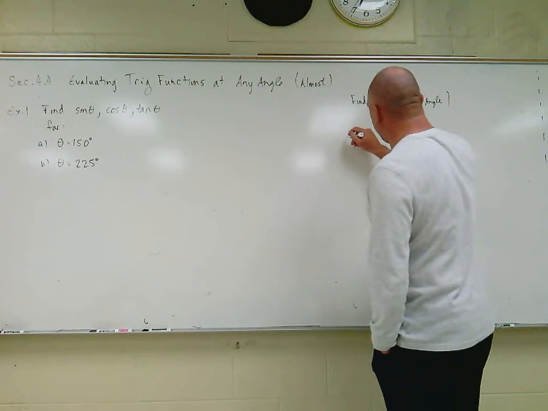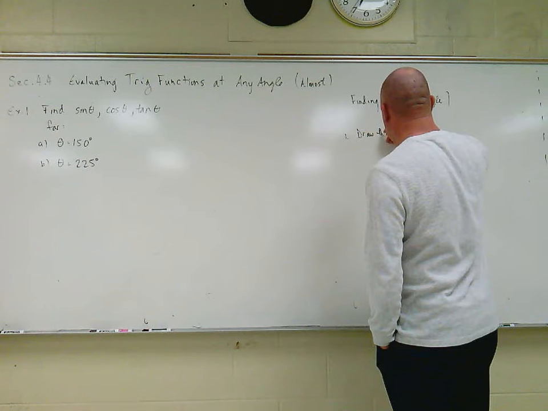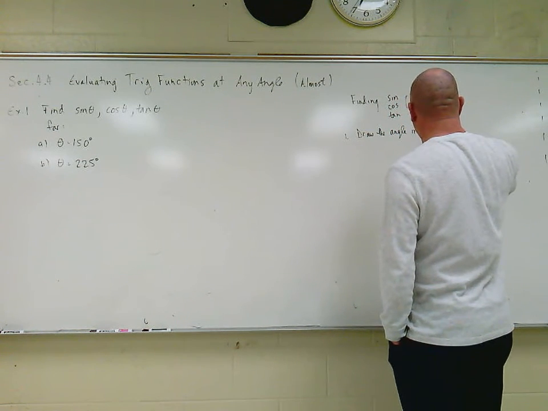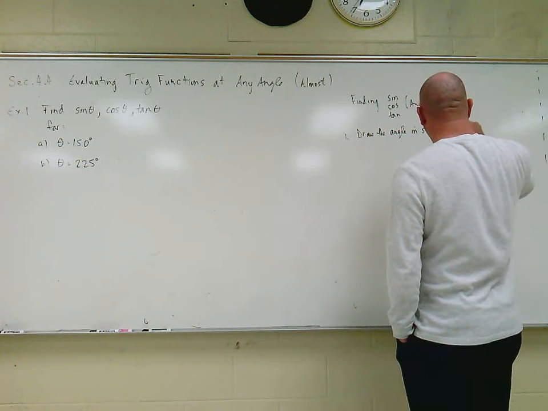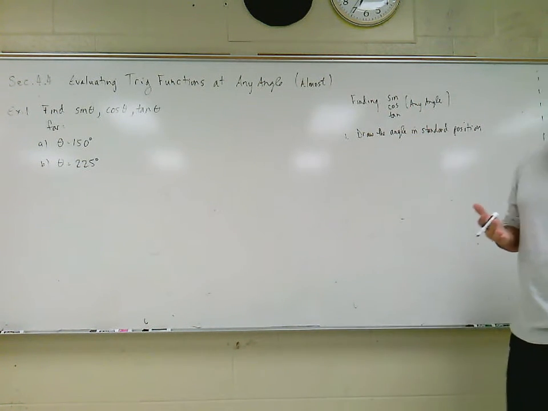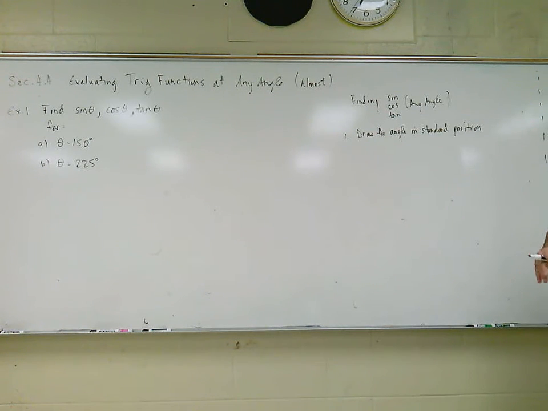Okay? So step 1, draw the angle in standard position. So we need to create positive and negative signs, because we know some of our answers are going to be negative. We're going to do the 150 again, so we're going to put the angle on the coordinate plane.